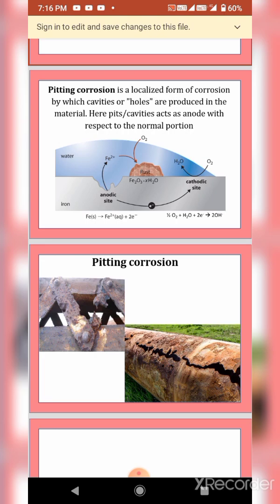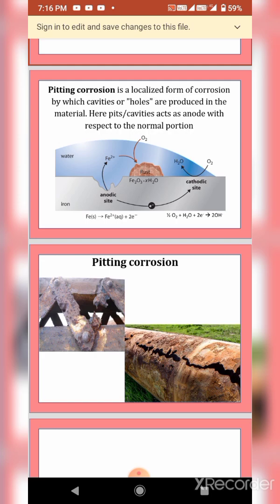It means if a thing is manufactured with a defect or accidentally gets scratches on the metal, then that scratch will turn into a site of corrosion and it will expand. Like this, these scratches gradually expand and become a pit due to corrosion. Hence it is known as pitting corrosion.